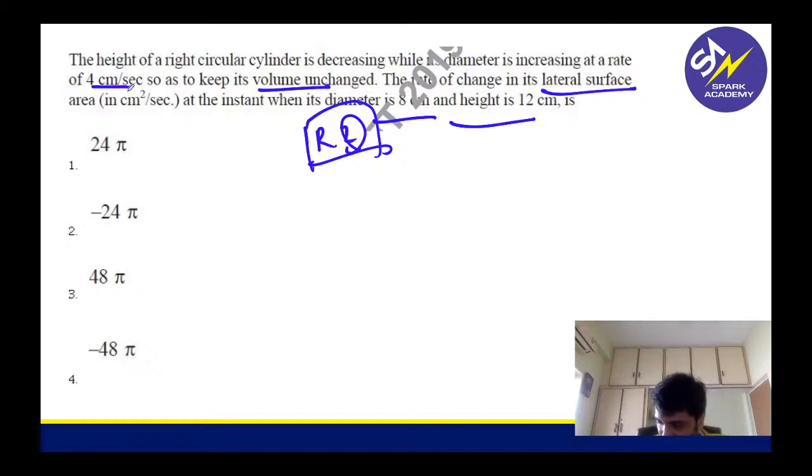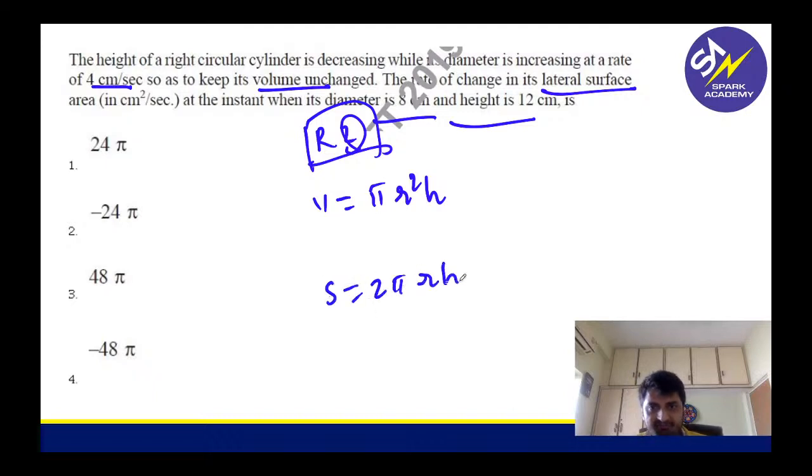We are at 69th. 10 more, 11 more to go actually, Indranil. So volume formula we know of a cylinder, pi r square h. Then surface area of a cylinder you know, 2 pi r h. Using this, so dv by dt, ds by dt. Just write the data properly, substitute, you will get the answer. Right, so I am not doing this.